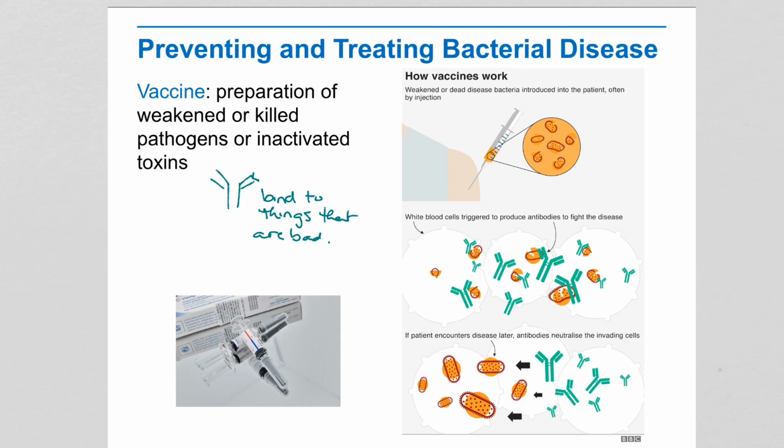And what happens is that piece is small enough, not enough to get you sick, but just enough to get your body activated and say, hey, I'm going to make antibodies to it. So then you store these antibodies for a long period of time, and if you ever do see that pathogen again, your body already has the antibodies and is ready to fight it off really, really quickly.